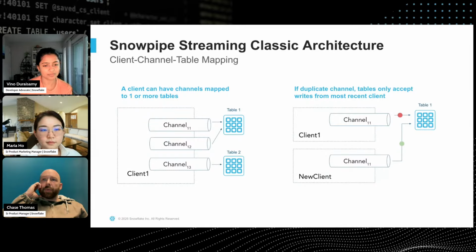So we do get that question a lot. Snowpipe Streaming has been around for a while, so why did we need to build this new architecture? Fundamentally, when we looked at where our customers were headed, we looked at the amount of data that was scaling. Customers' data needs were increasing exponentially year after year, and the amount of data they wanted to get into Snowflake to get the value out of the platform was also increasing.